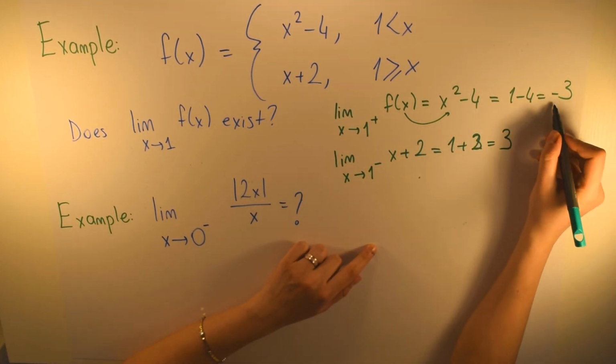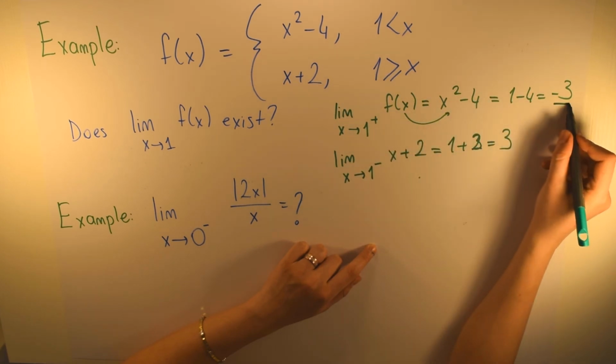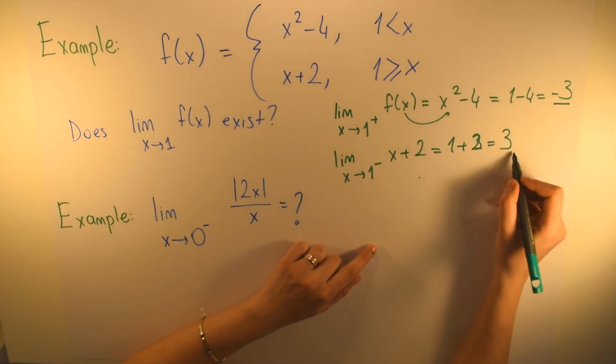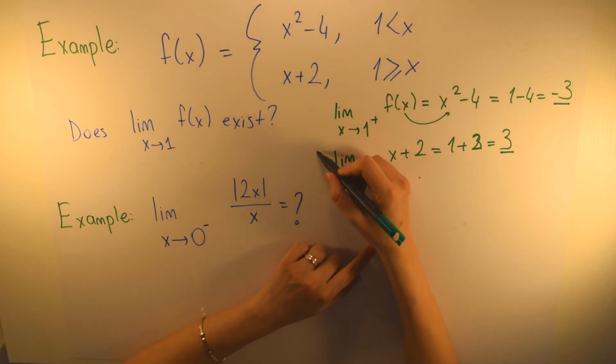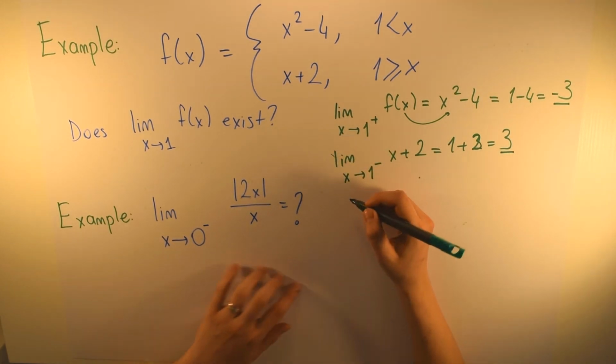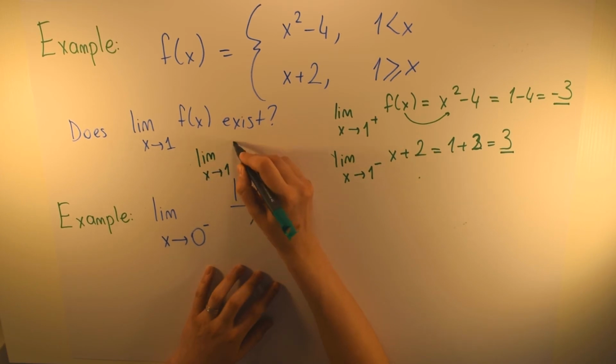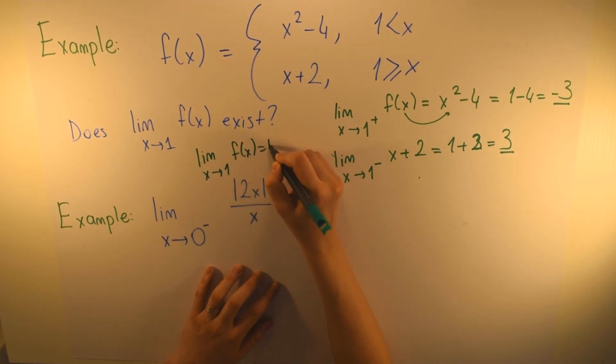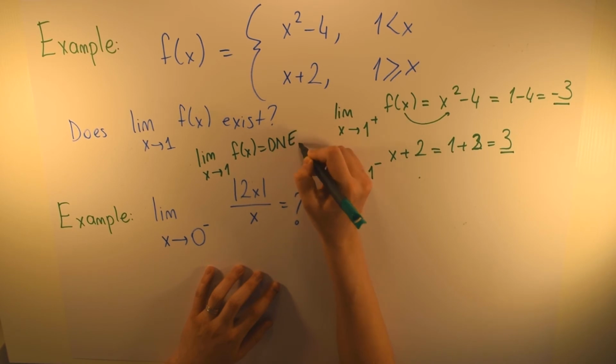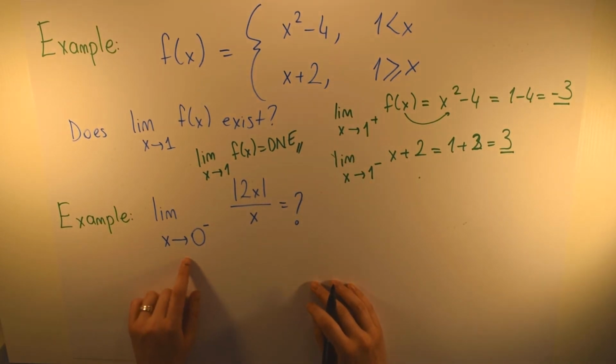So as you can see, from the right side we found minus 3, from the left side we found 3. So since these are not equal to each other, we say that the limit as x approaches 1 of f of x does not exist.